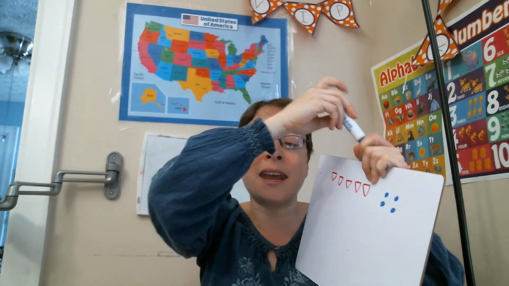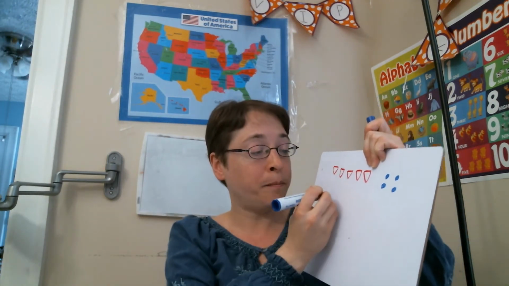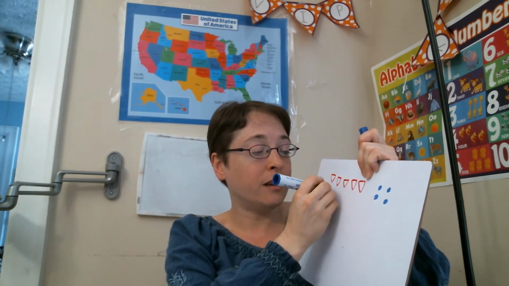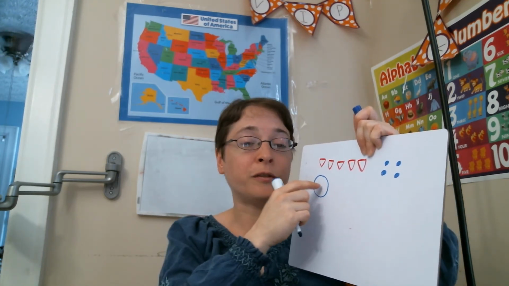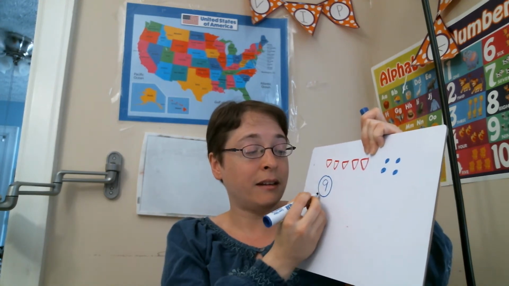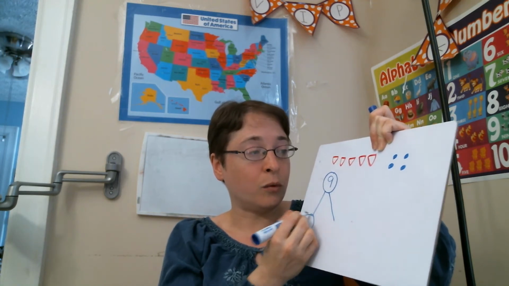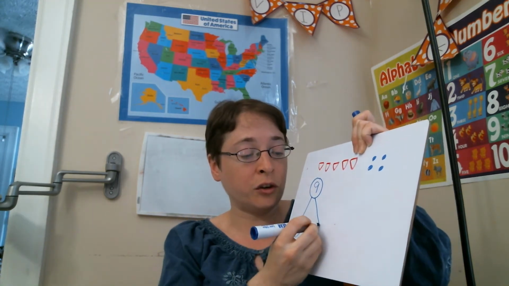Now, can we make a number bond to show the story? So remember what number goes in the hole? 9. What are the parts? What do we put in the other circles?